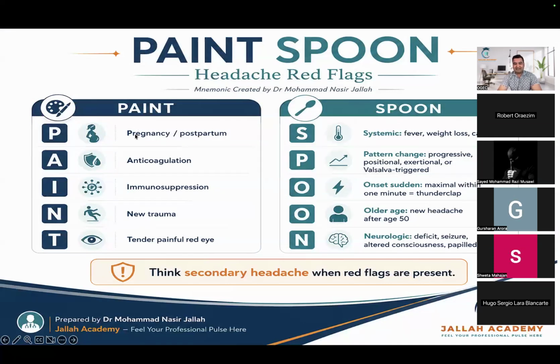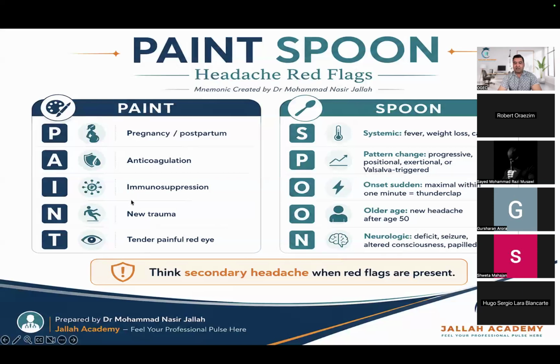PAINSPOON. P stands for pregnancy. See if the patient is pregnant. Pregnancy is a red flag. If the patient is postpartum, it's another red flag. If the patient is on anticoagulation or blood thinner, red flag.